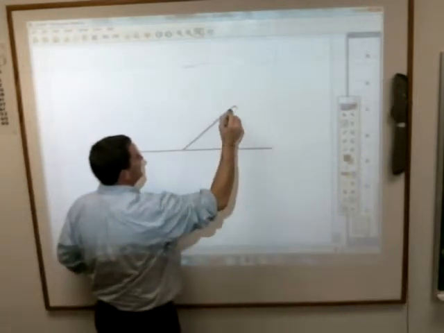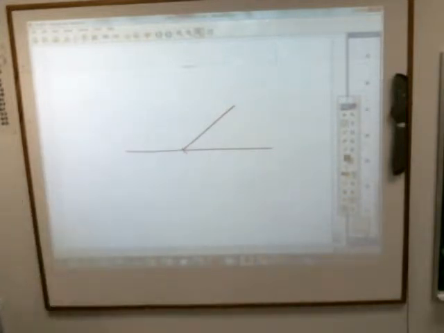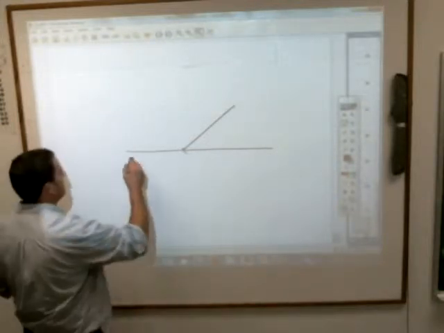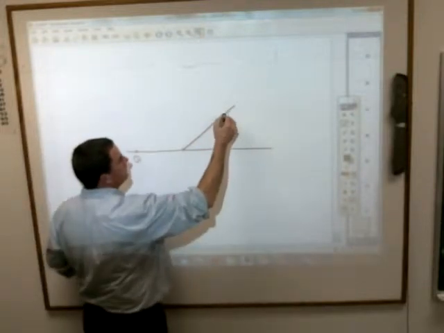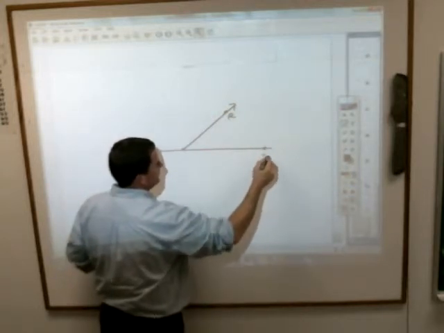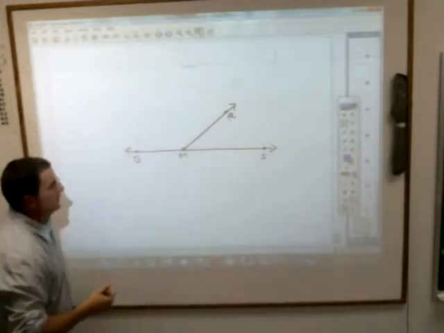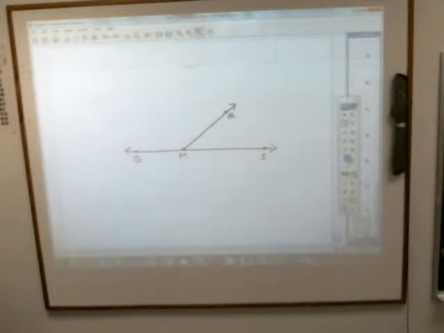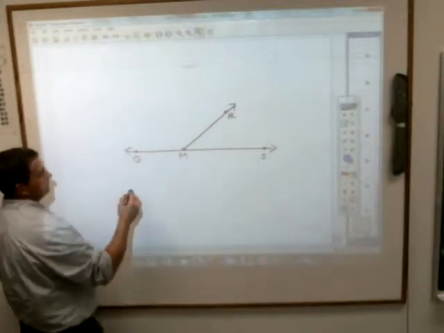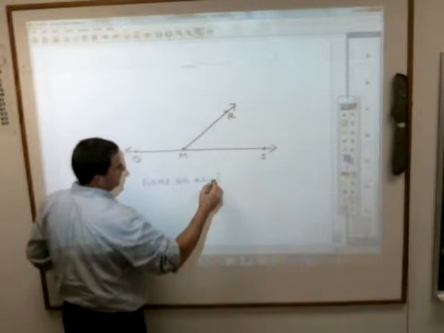I've got a line that looks like this, and the points are Q, R, S, and M. If I asked you to name an acute angle, what would you tell me?